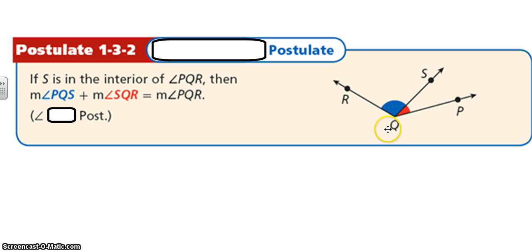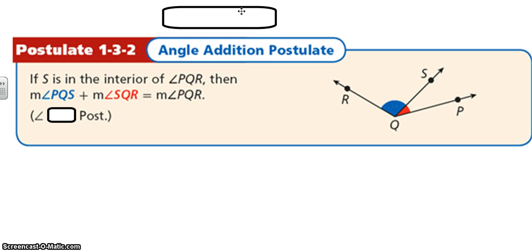So PQR is the sum, isn't it, of these two interior angles. And so what operation are we talking about? Angle addition. So a shorter way to write this is Angle Add. Post. postulate.